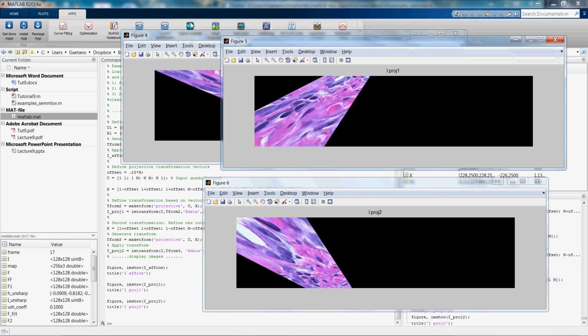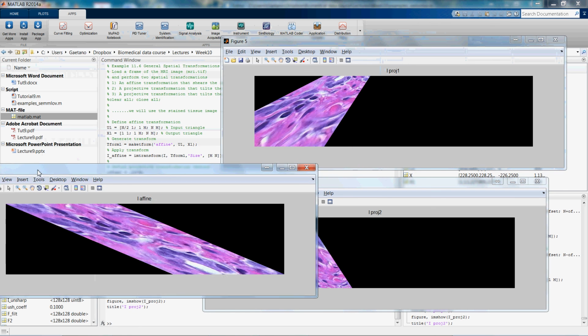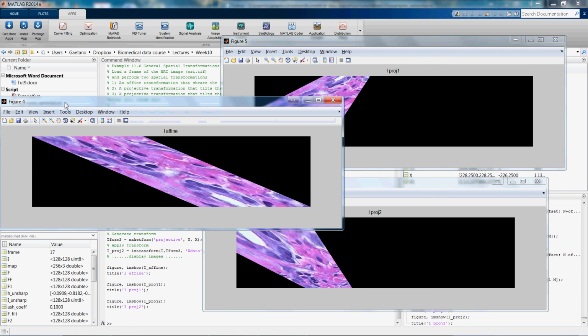Using the same image, we can do a comparison between affine and projective.